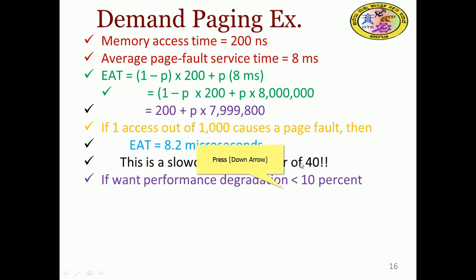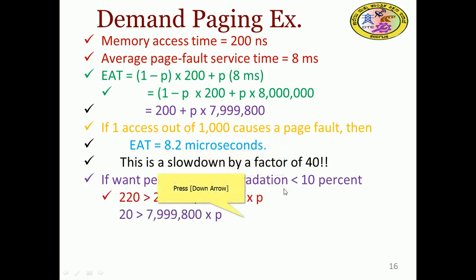If we want performance degradation to be less than 10%, then 220 is greater than 200 plus 7,99,800 times p, so 20 is greater than 7,99,800 p.